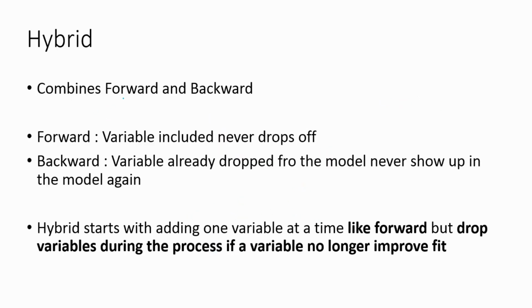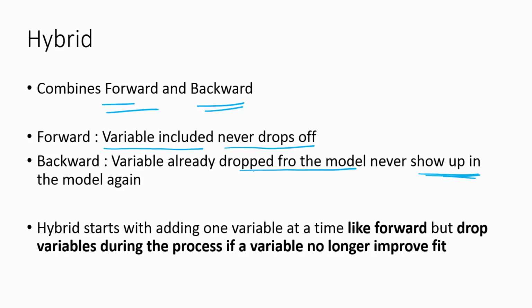Okay, so you can also combine forward and backward, and it combines the features from both types. In forward, a variable which is included never drops out in the next step. In backward, a variable already dropped from the model never shows up in the model again, right?